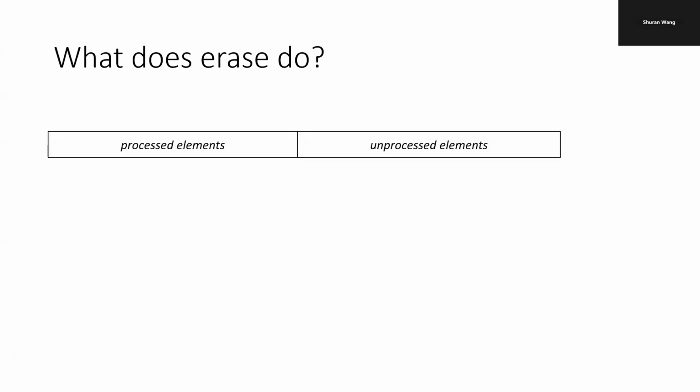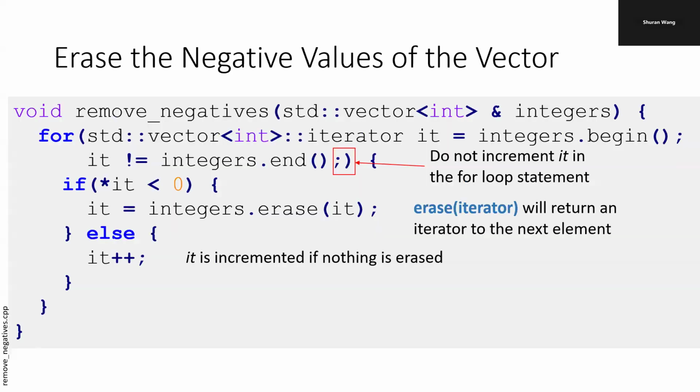What does erase return? Yep, it's an iterator. Like the word IT plus plus in the for loop, but then if the if statement gets executed, it can do IT minus minus. That will work, but there will be corner cases. You can think about this.